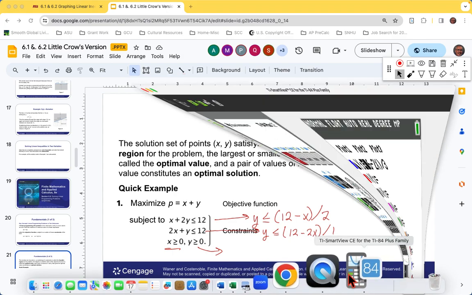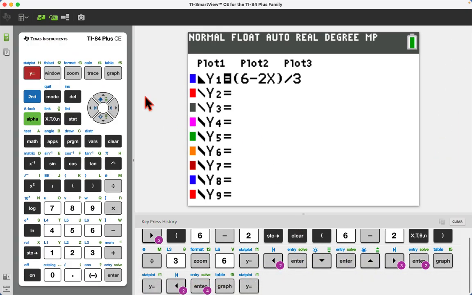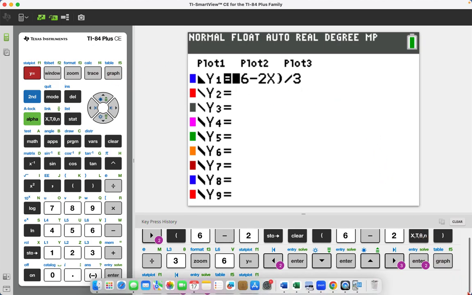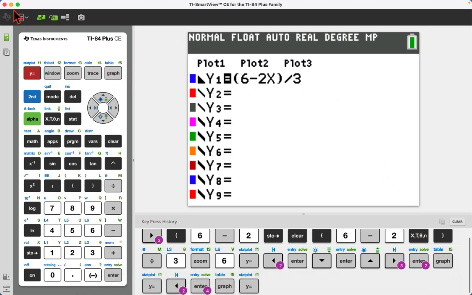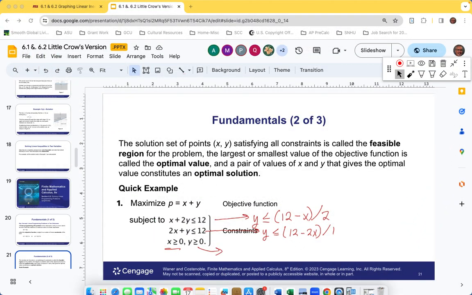And we're going to get to our calculator.